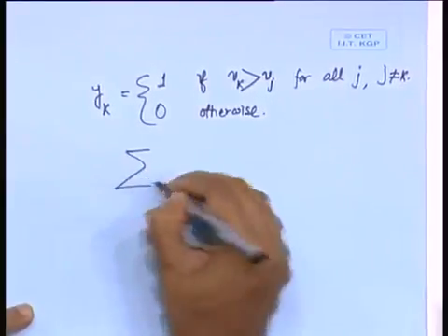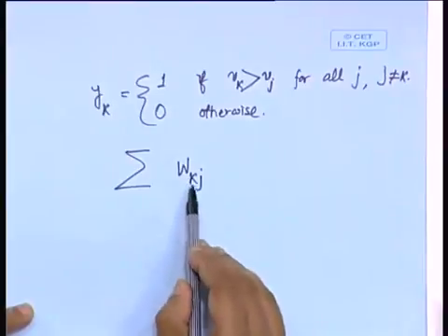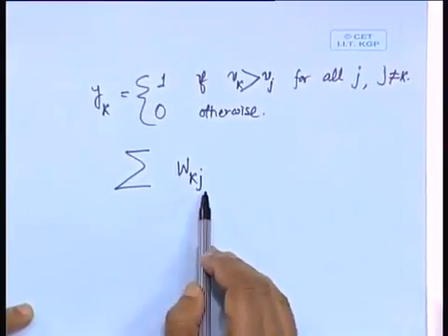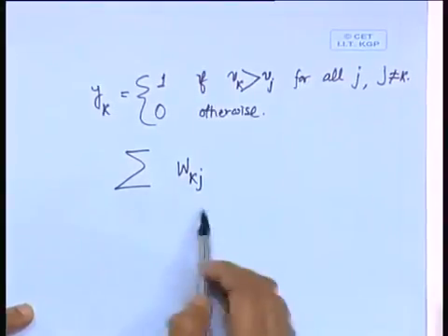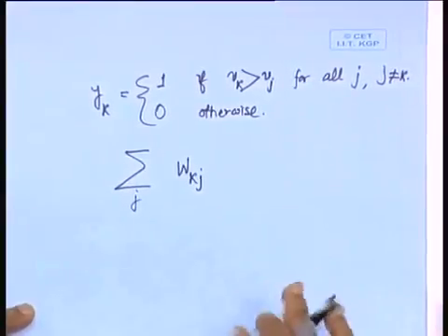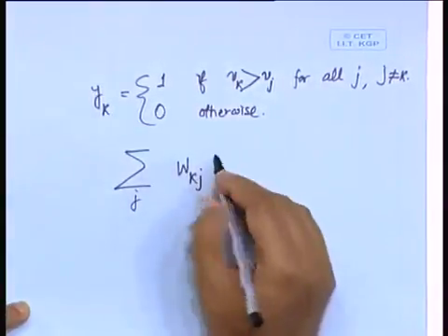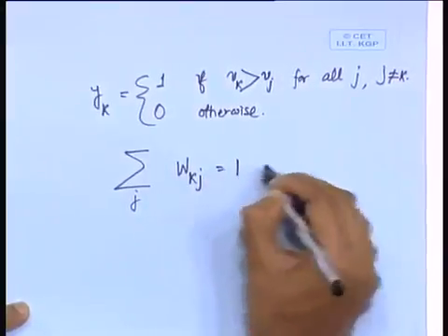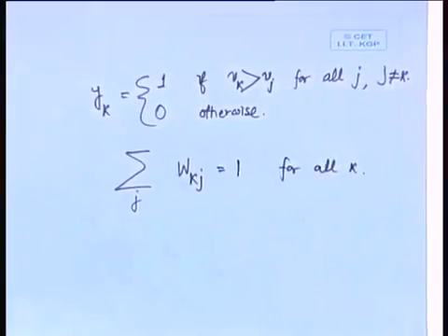If we consider the neuron k, then for the kth neuron, all the inputs that it is receiving, if you sum them up over j, in this particular example for j equal to 1 to 4, then the summation of wkj will be equal to 1 for all k. This is another constraint that we define on the weights.